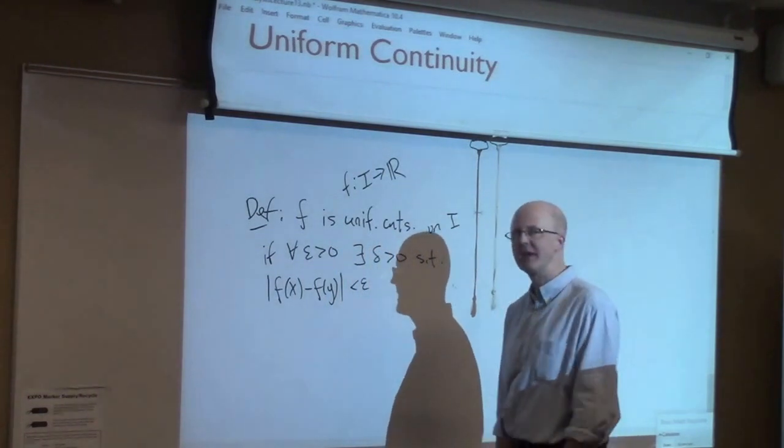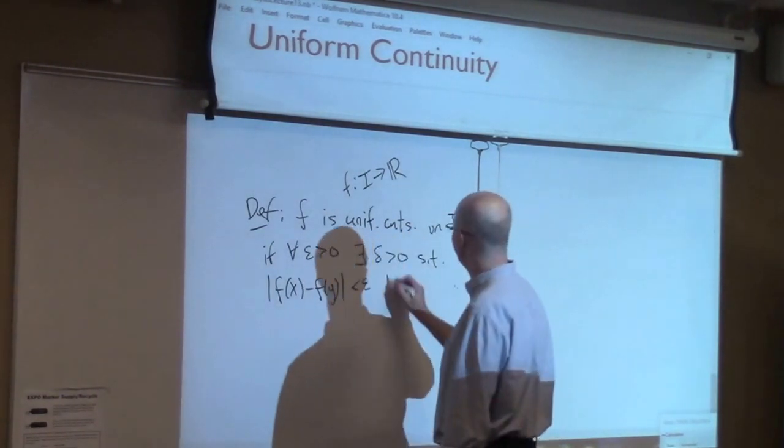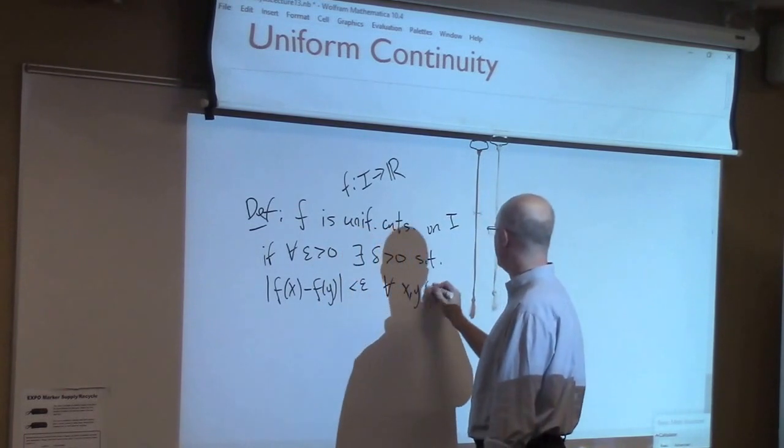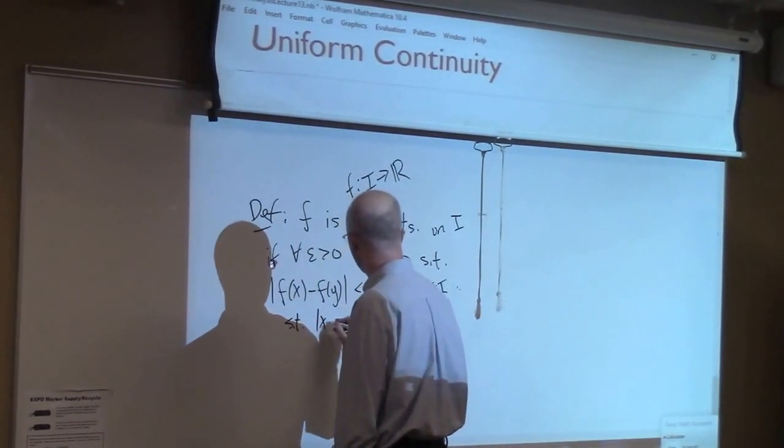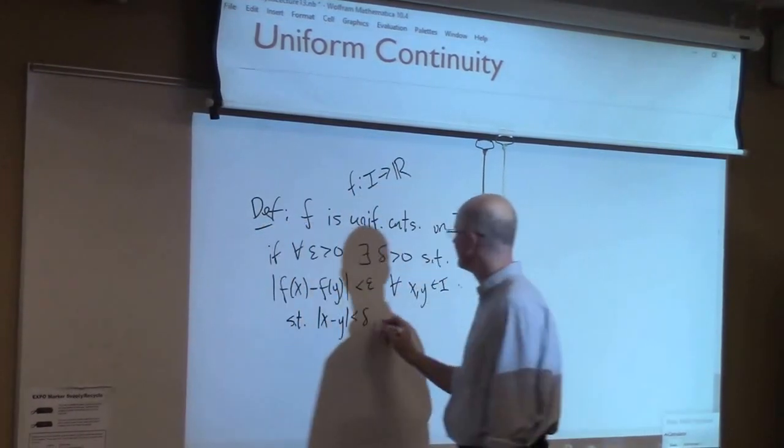The same delta can work for any points in the interval. For all x and y in the interval such that the distance between x and y is less than delta.